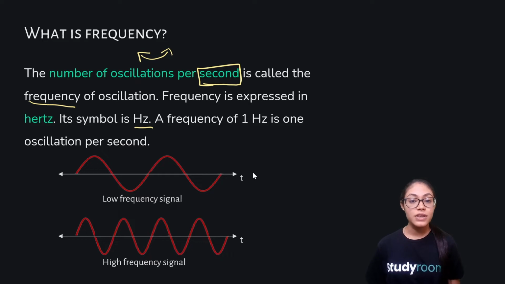As you can see in this image, if a signal is a low frequency signal, it will make a smaller number of oscillations, while in the same given time period, a signal will make more oscillations. That means it will be a high frequency signal, right? Simple enough. Let's move on now.